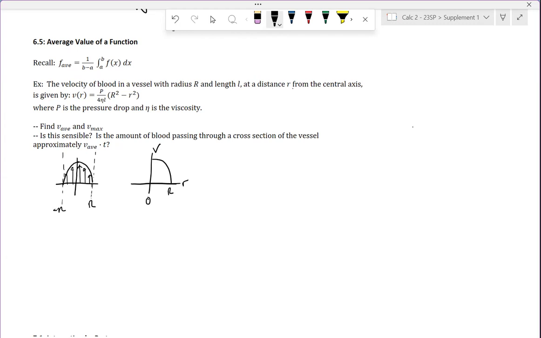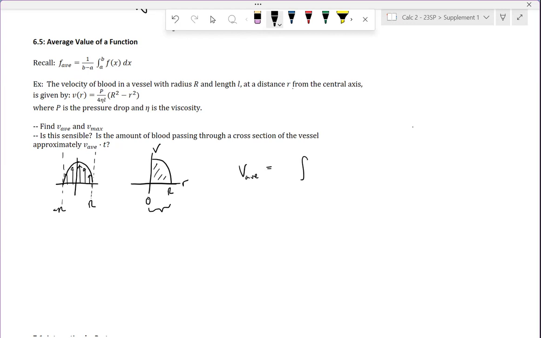I only have to go from 0 to big R. So I need to calculate this area here, calculate the integral, and then divide by this distance here, big R, to get F average. Or to get, I suppose, V average here.